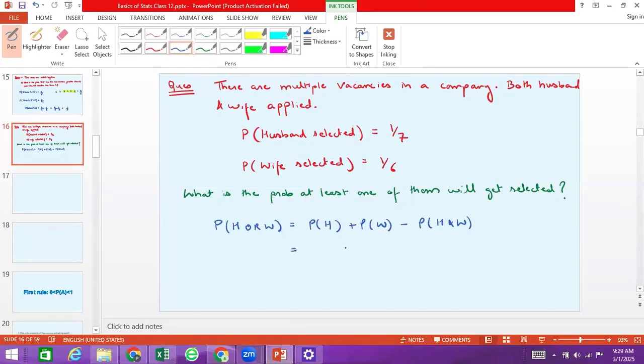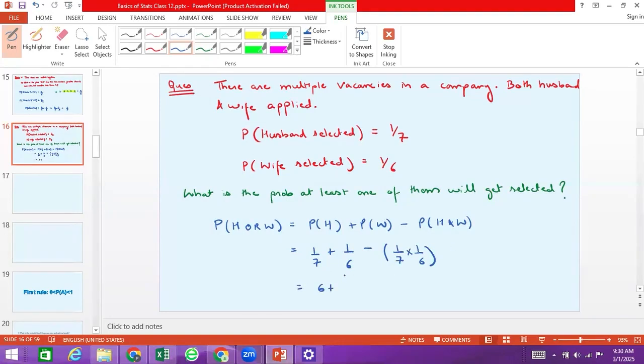Probability of husband 1 by 7, probability of wife 1 by 6, minus probability of both getting selected. What is the probability of both getting selected? Multiplication of the two, 1 by 7 multiplied by 1 by 6.